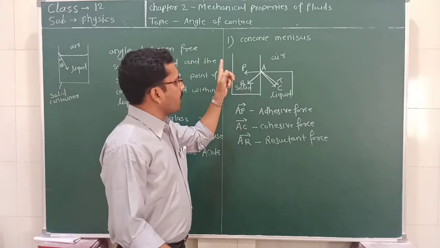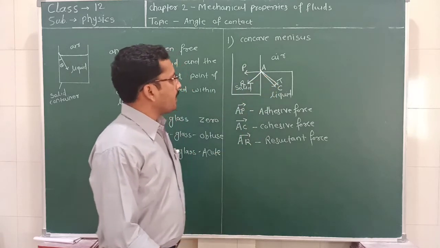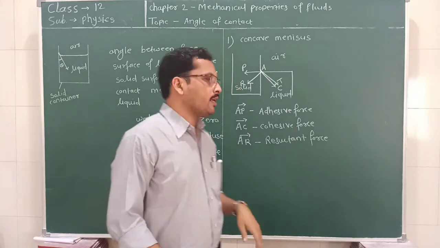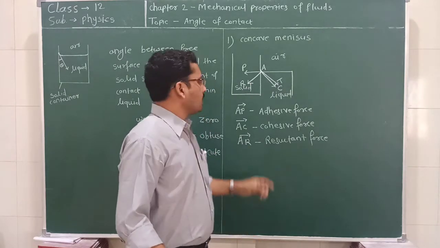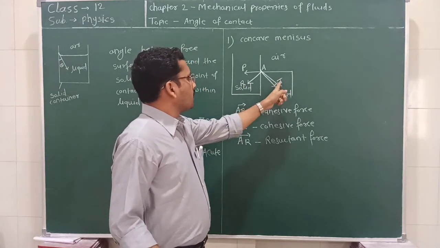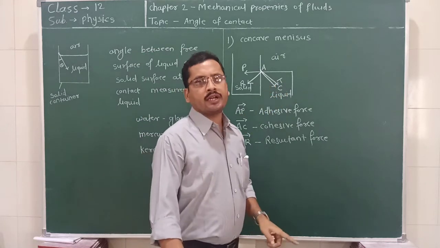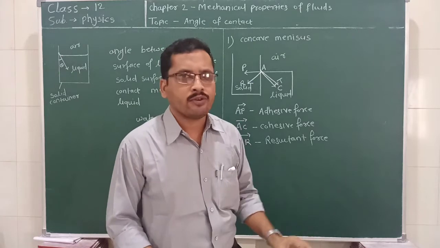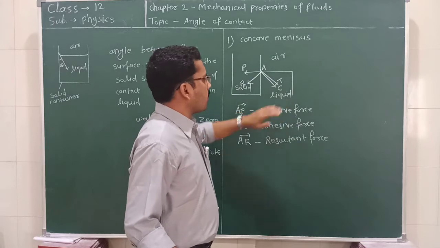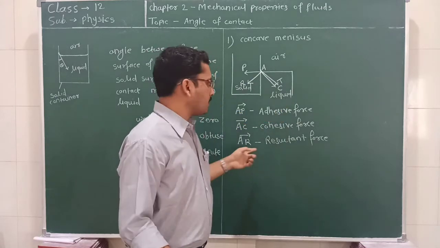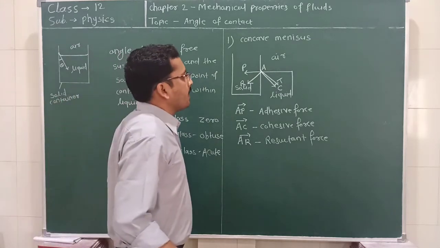Now if we draw a tangent to this concave meniscus, then for the equilibrium and for the stability, the tangent should be perpendicular to this resultant force, and for such a condition this tangent comes towards this direction, and the angle of contact decreases and becomes acute. So when the meniscus is concave, the angle of contact is acute, for example in the case of kerosene and glass, less than 90 degrees.